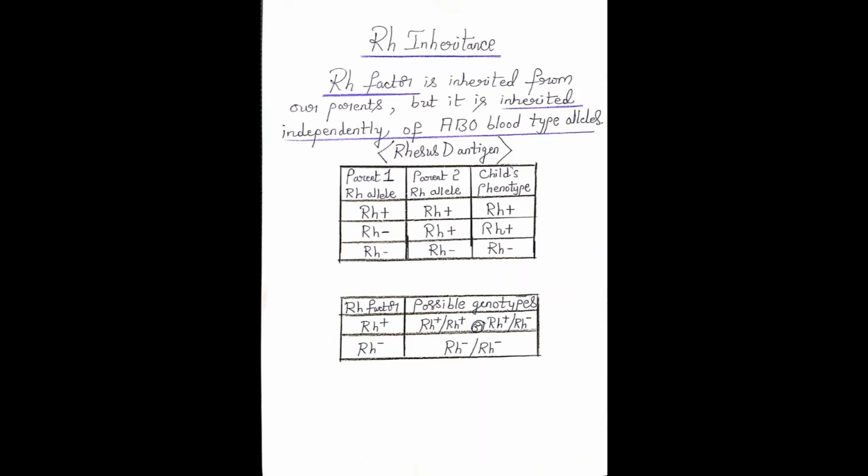If our blood group is negative, then the possible genotype is Rh negative and Rh negative inherited from parents. If both are recessive, then the child's phenotype is also Rh negative. So depending on the rhesus factor, blood groups are classified into positive and negative.